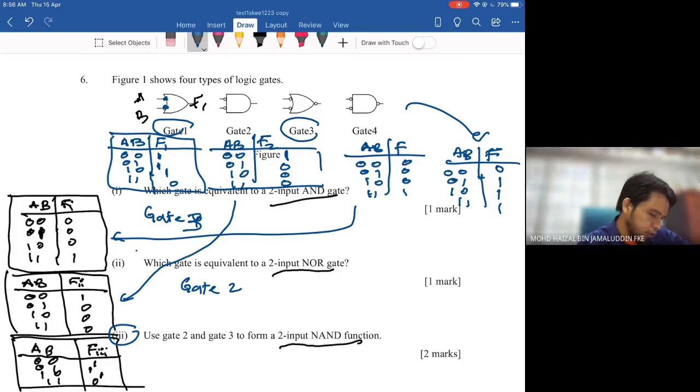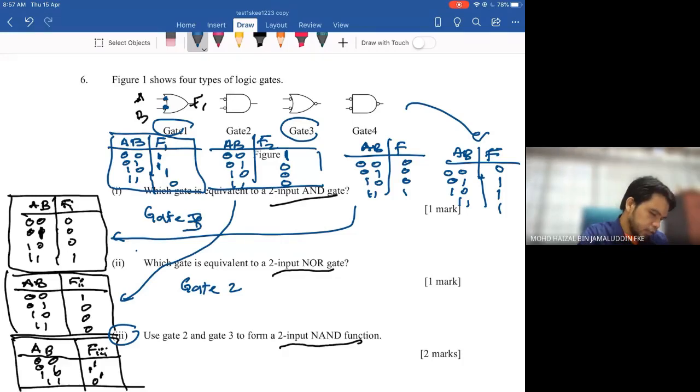Okay, so the last question. Use gate 2 and gate 3 to form a two-input NAND function. Two-input NAND function. So how is the NAND function?